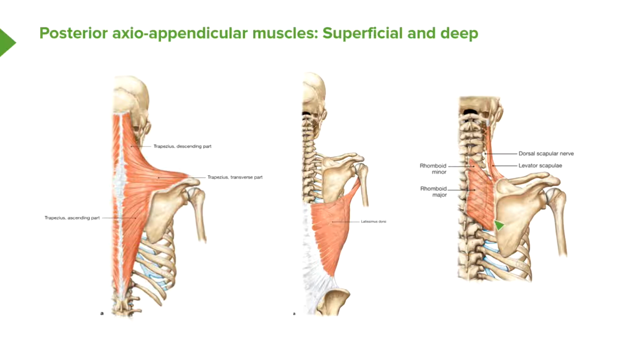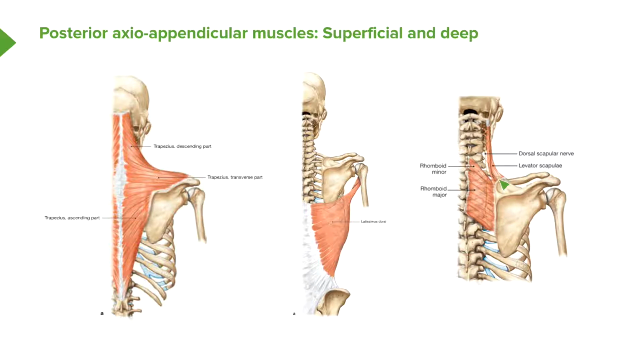We have rhomboid minor, which lies most superiorly, and we have rhomboid major, which lies inferiorly. Sometimes you can make out a separation of these muscles, but in most cadavers, the separation is actually quite difficult to see.